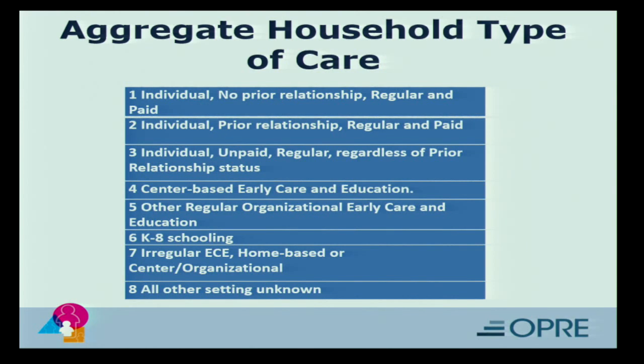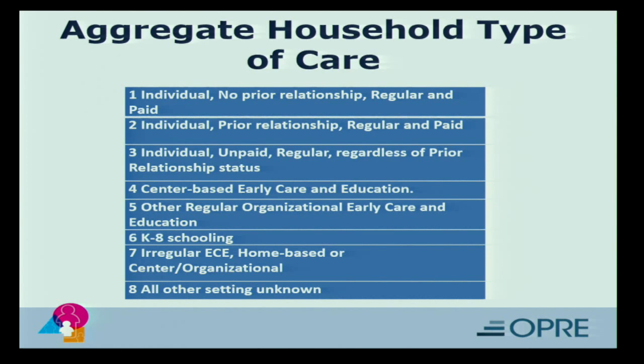So the first 3 categories correspond roughly to home-based care. Those would be individuals who had no prior relationship to the child they were caring for. It was a regular care arrangement, and it was a paid care arrangement.